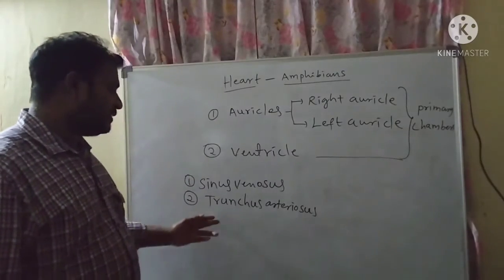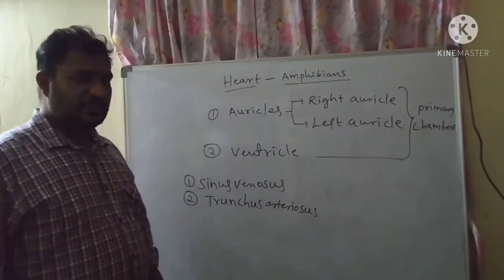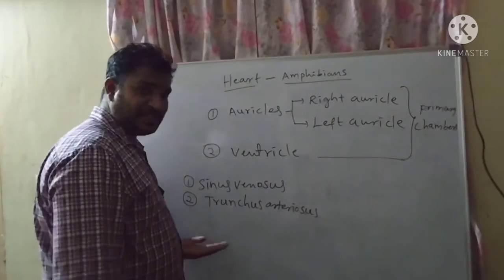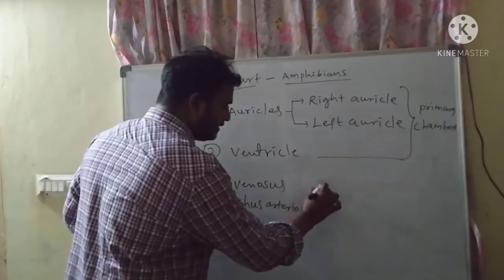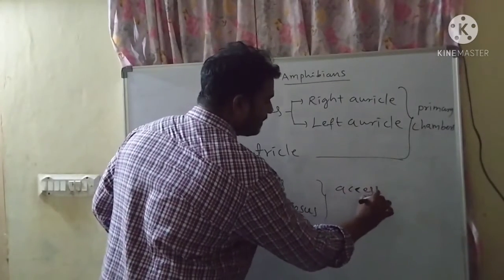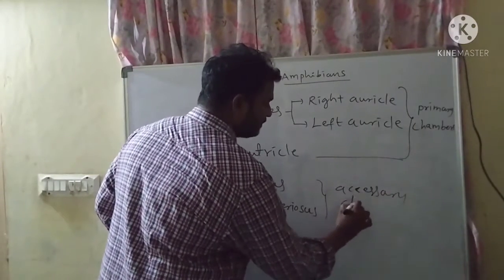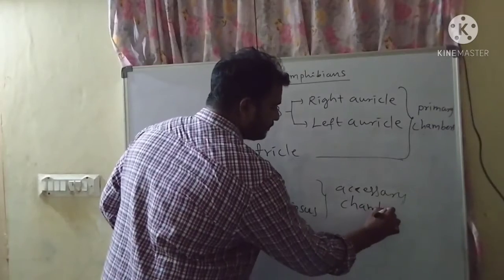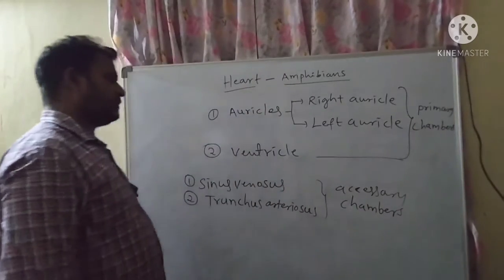Sinus venosus and truncus arteriosus are also present inside the amphibian's heart. These are called accessory chambers.